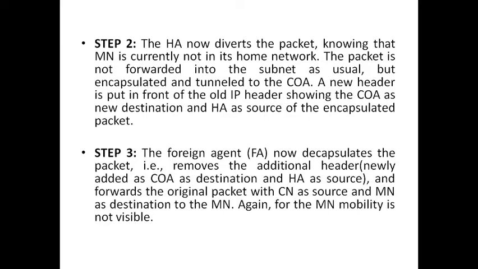It will identify that the mobile node is not in the home network. So the home agent will not forward it to the physical subnet as usual, but it will encapsulate and tunnel it to the COA.